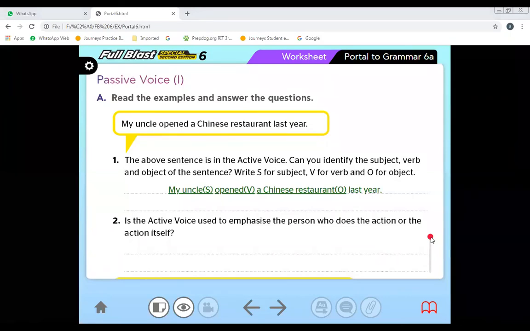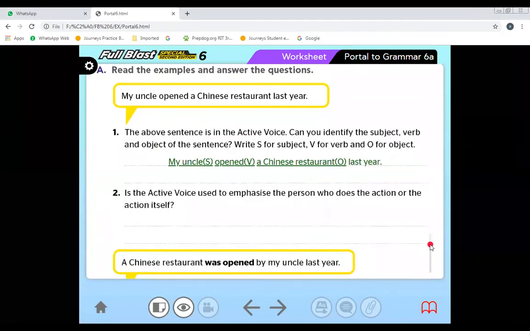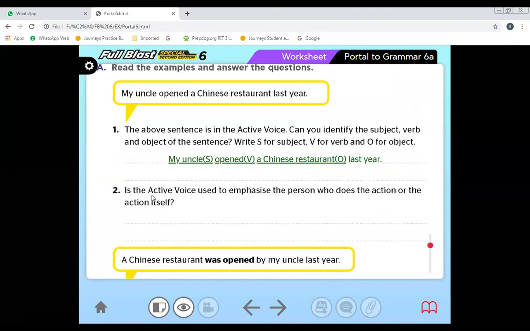Yes. Can you see the screen? Yes. Excellent. Is the active voice used to emphasize the person who does the action or the action itself? The person. The active voice is used to emphasize the person who does the action.